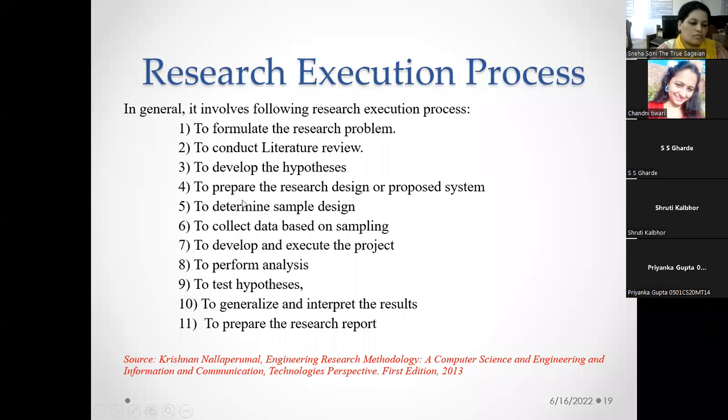Then prepare the design of the proposed system, determine the sample design, collect the data based on the sampling, develop and execute the process, perform analysis, test the hypothesis, and assess the objectives that you have mentioned earlier in the research. Then generalize and interpret your results and prepare the research report.